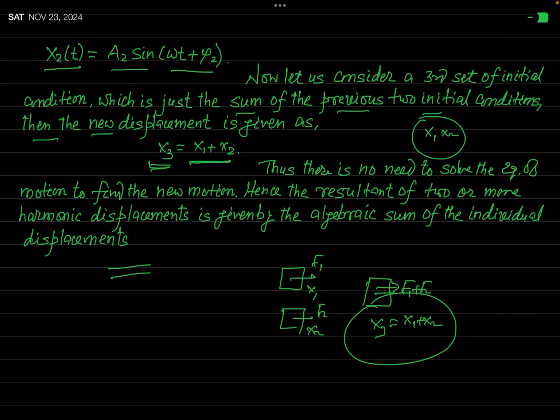Without finding the solution of the equation of motion, if you know x1 and x2, you can get x3. So you can say that the resultant of two or more harmonic displacements is given by the algebraic sum of the individual displacements. And you should also remember that this result holds only if the equation of motion is linear. Only then will it be valid.